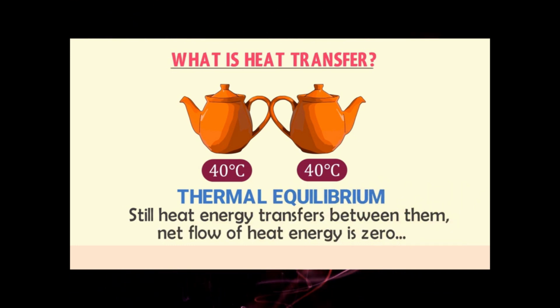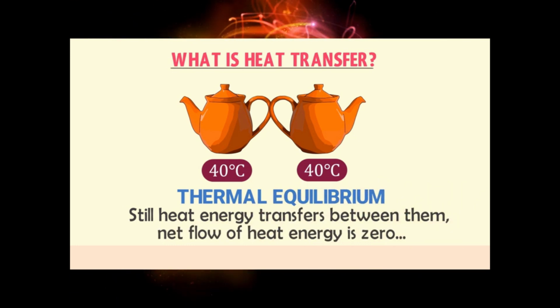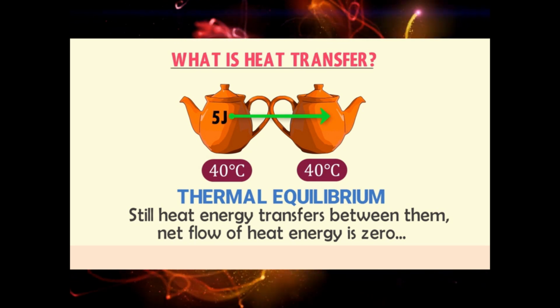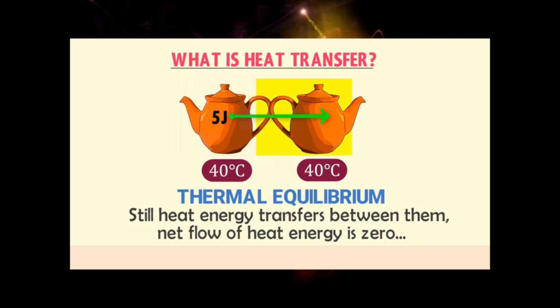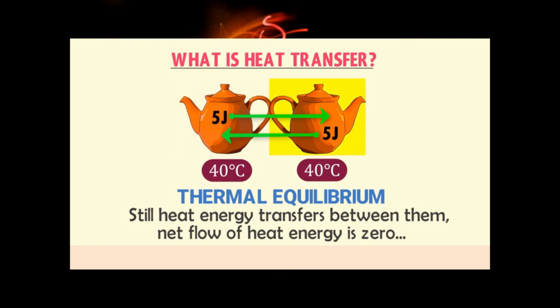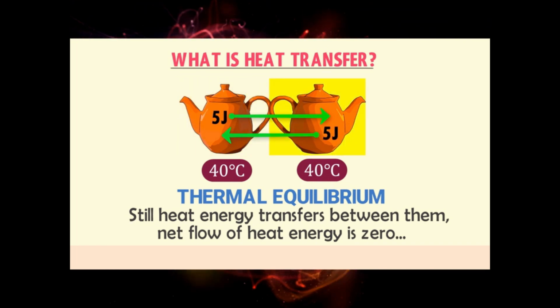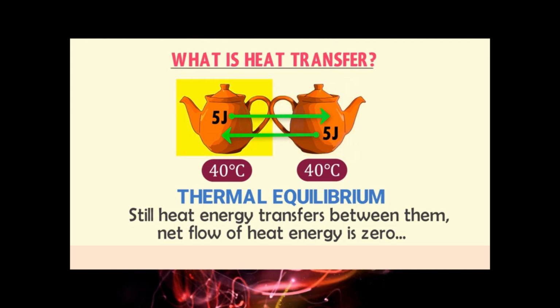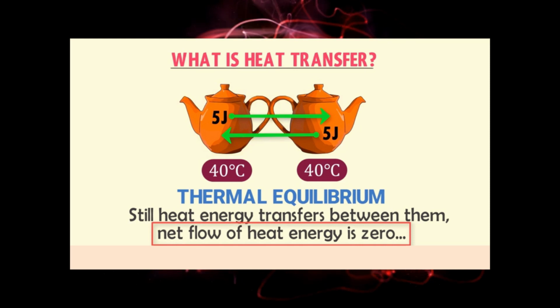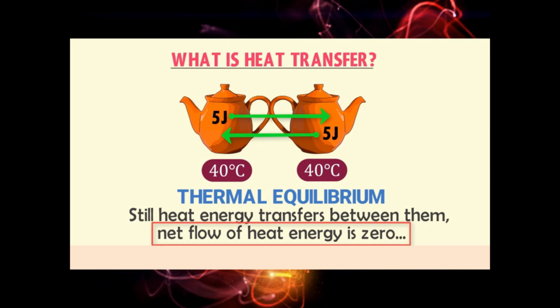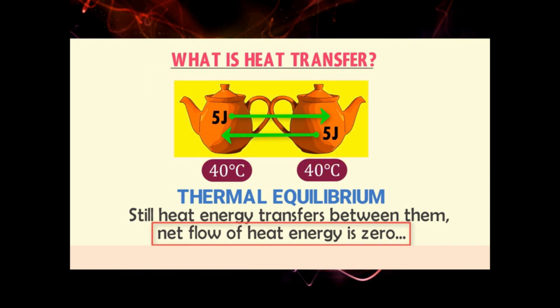For instance, 5 joules of heat energy flows from this object to this object. Then 5 joules of heat energy flows from this object to this object. Thus, the net flow of heat energy is zero, and both objects are in thermal equilibrium.